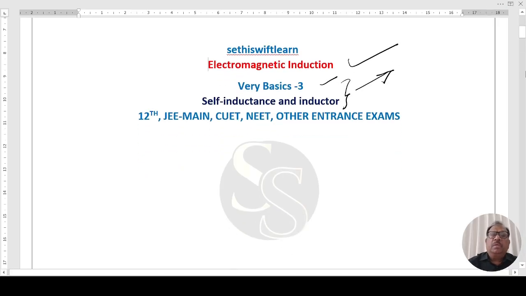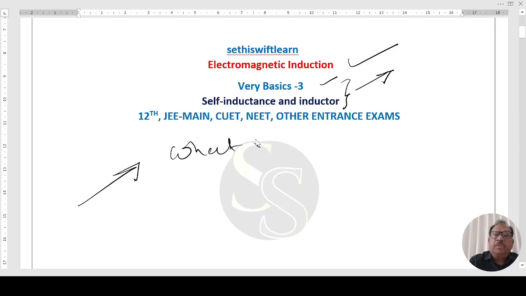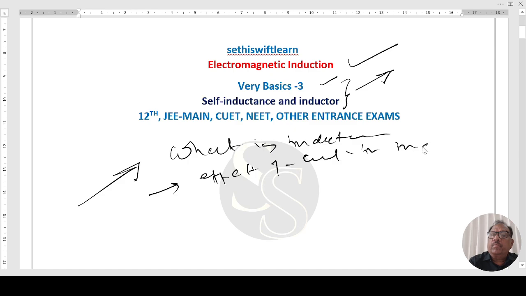In this session, the topics discussed will be what is inductance, effect of current in inductor, means if di by dt equal to 0, greater than 0, less than 0, what is the effect?